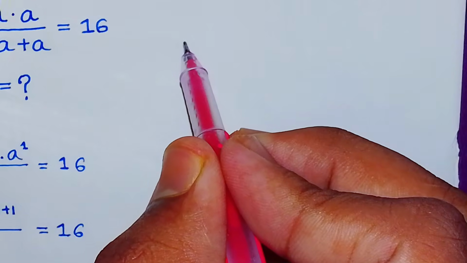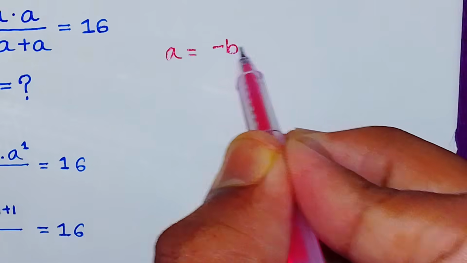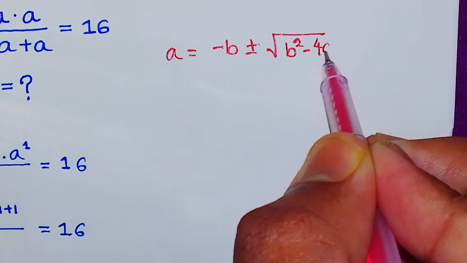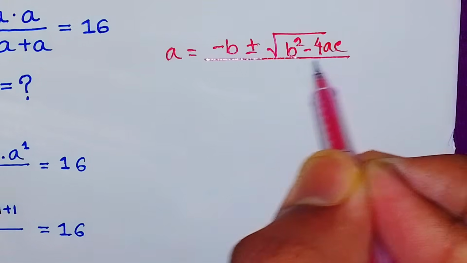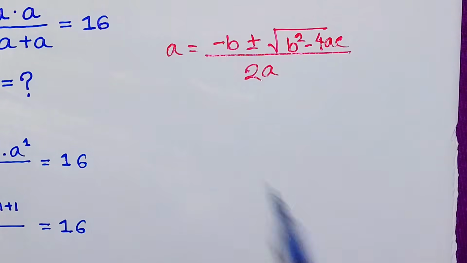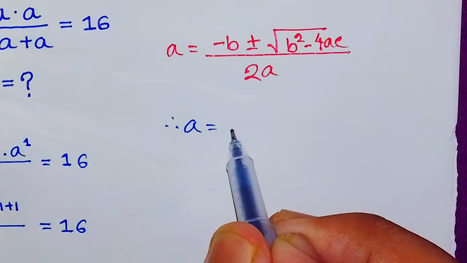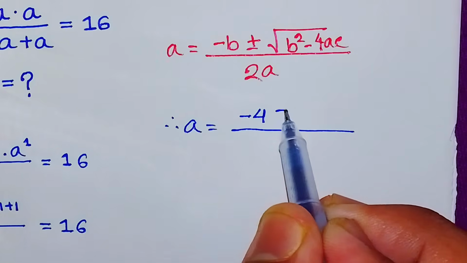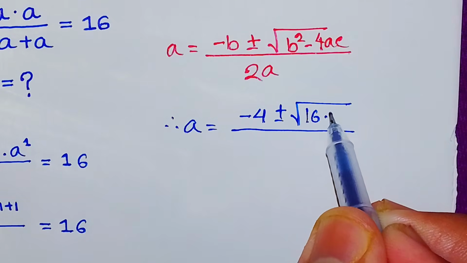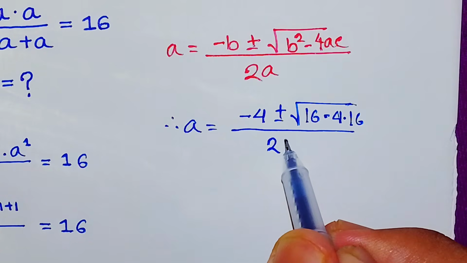Here we know the quadratic formula is a equal minus b plus minus root over b square minus 4ac divided by 2a. So we have to now replace these values of a, b, c in here, then we'll get a equal minus 4 plus minus root over 4 square minus 4 times 1 times 16, divided by 2 times 1.